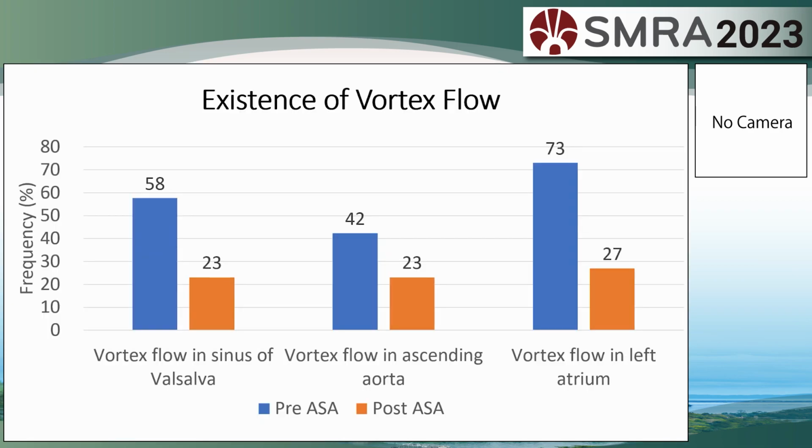This graph shows the frequency of the presence of vortex flow in sinus of Valsalva, ascending aorta, and left atrium. And compared to pre-procedure, after procedure, the frequency of the vortex flows in each region significantly reduced.